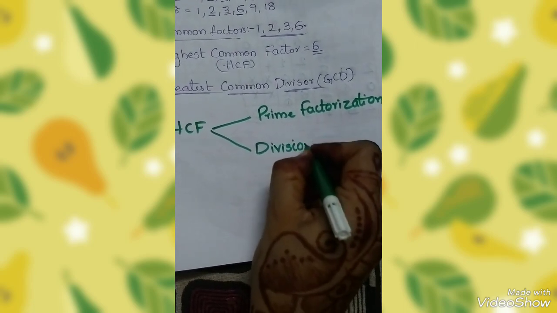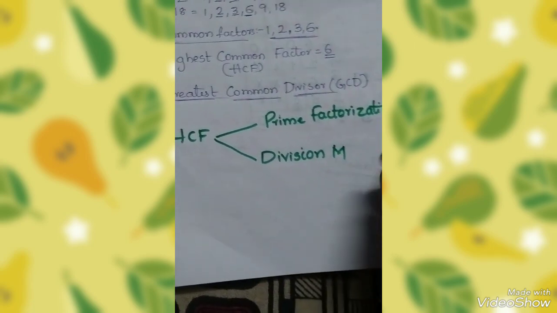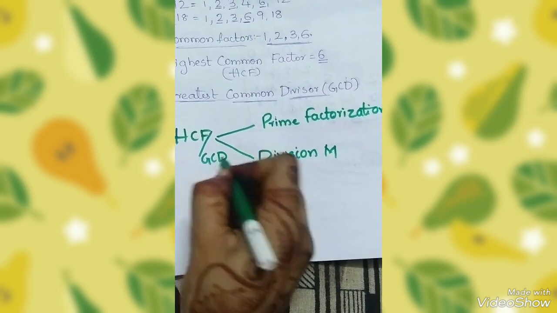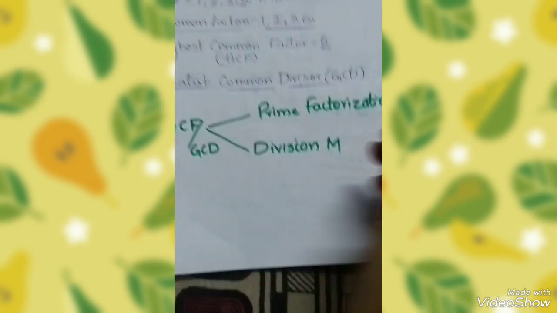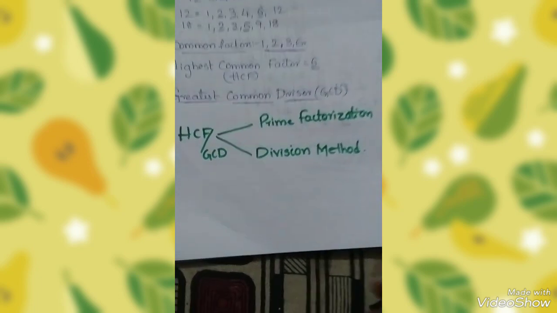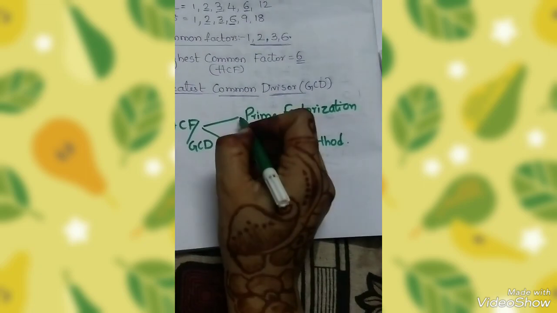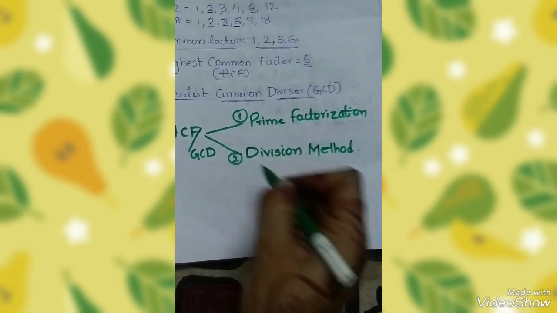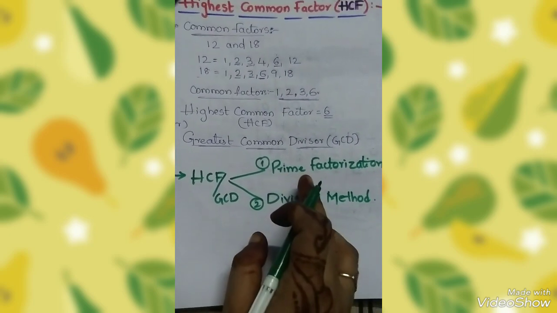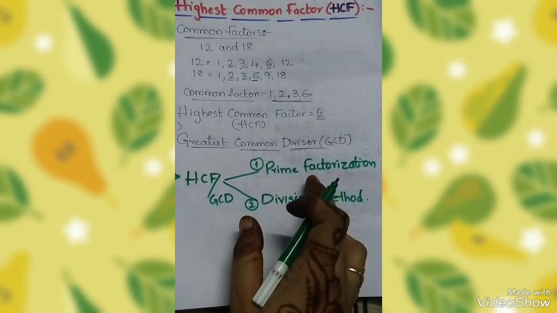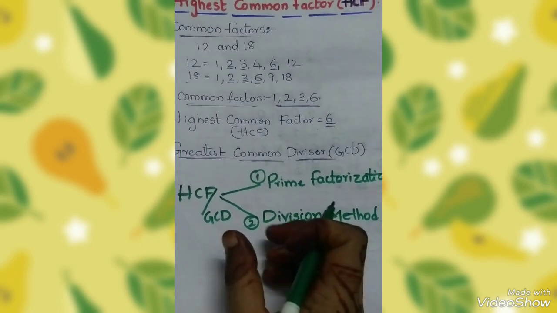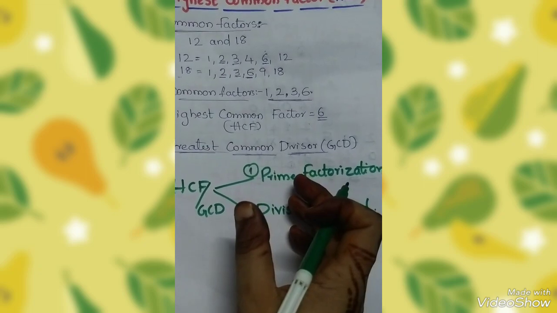With the division method we can find the HCF, highest common factor, or GCD. Prime factorization method first, and second is the division method, children. Now I will show the prime factorization method, by which we can find the HCF or GCD of two or more given numbers.